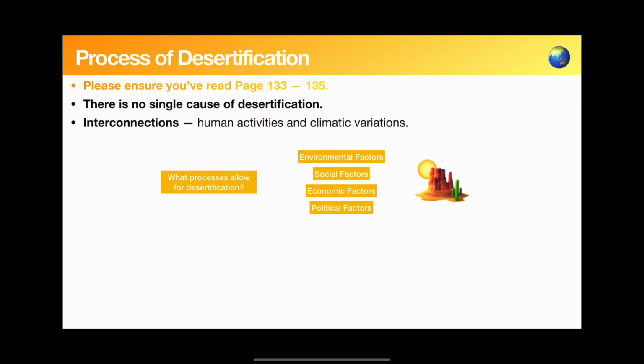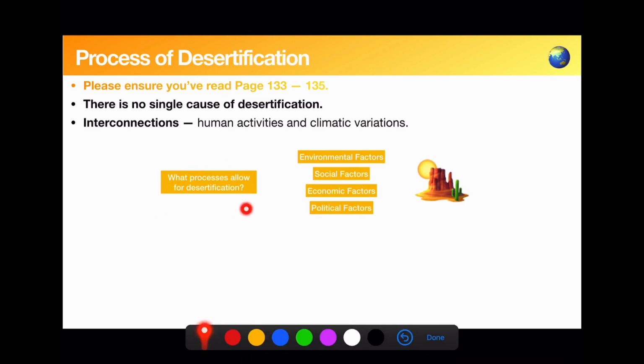Okay, so just make sure you've read pages 133 to 135 in our textbook. Nice and short for the processes of desertification. So like I said, there's no single cause, but the main factor here is that there are interconnections. This is basically human activities and climatic variation. So they do occur naturally, but human activities, it's quite evident that we've actually exacerbated it.